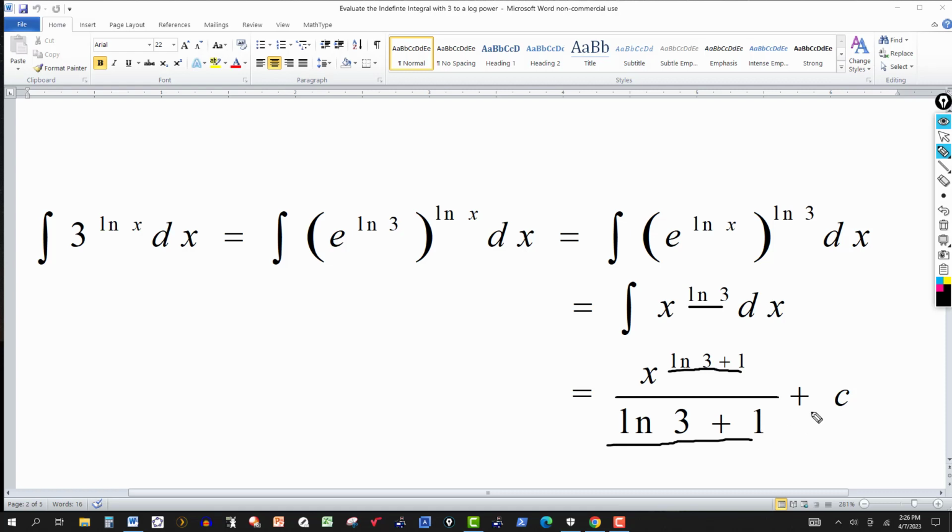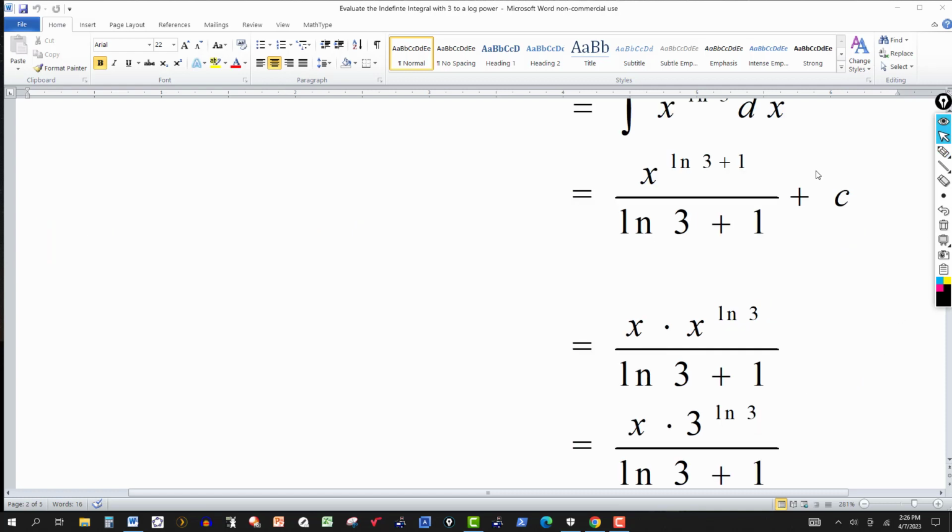And then we want to simplify it a little bit here. So from here, laws of exponents again. When I multiply x to the first power times x to the ln of 3 power, it just gives me that. So going from this step to this step is just breaking this down using the laws of exponents.